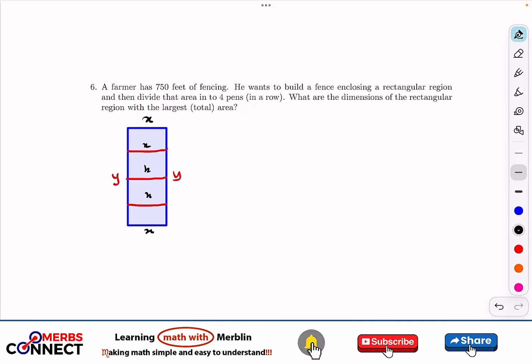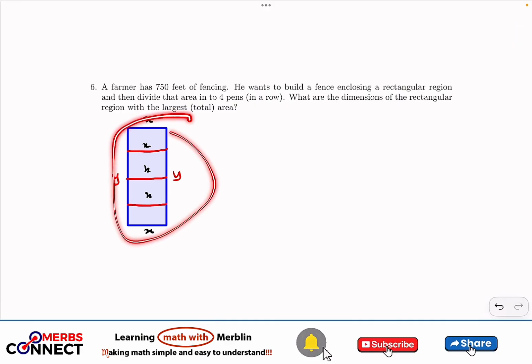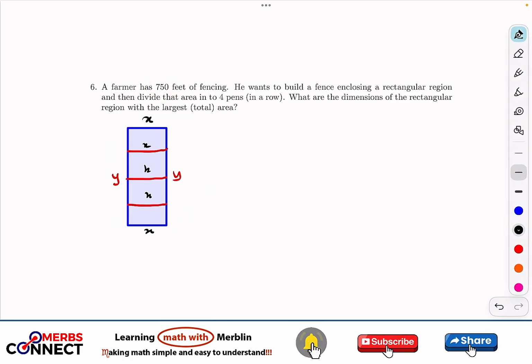So that's basically what we've done here. And we are saying that if we are fencing all these things here, it's going to cost us this. So it means that we are going to have 4x plus 2y is equal to 750 from this. And we want to find the dimension of the region that enlarges the area.